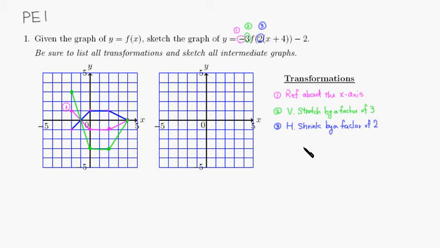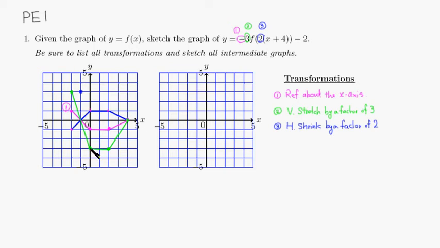It's a horizontal one, so we pay attention to the x value. The x value here is negative 2, and we divide it by 2, so it's going to be right here.